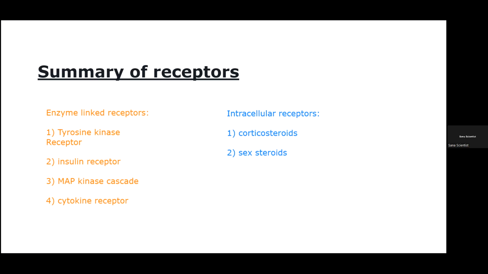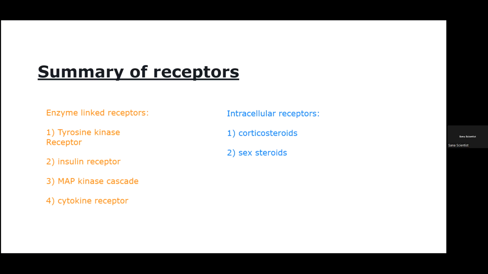And also the other cytokine receptors, which are important receptors, they can activate the transcription. Please study them in more detail, and later we're going to talk about these in more detail.